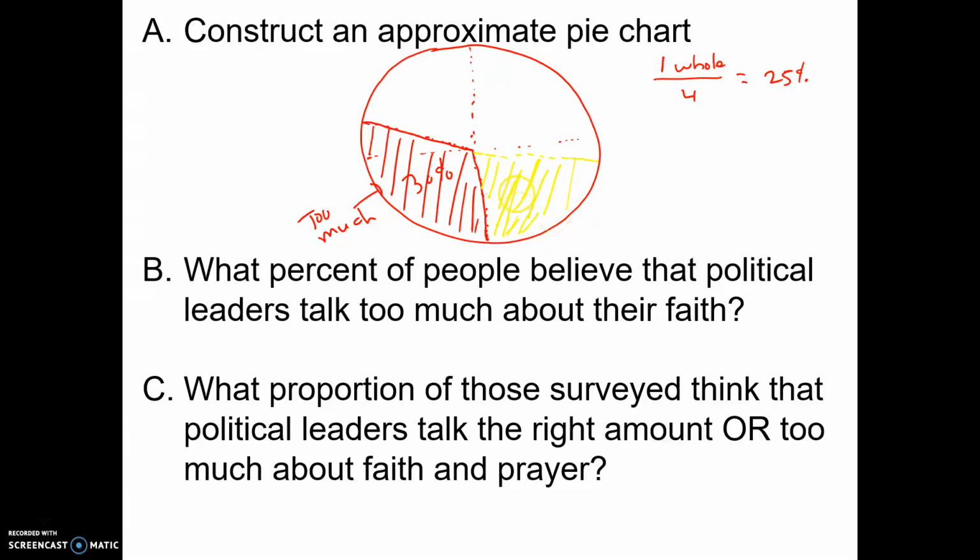So then this will be, and I probably should not have used yellow, this will be 24%. I'm sorry, they said they talk just the right amount. So this is just, they talk just the right amount.